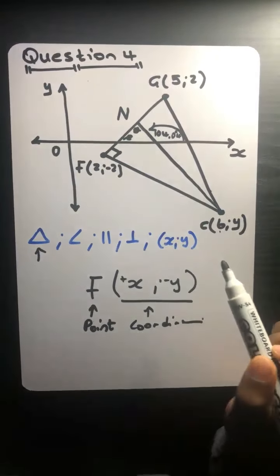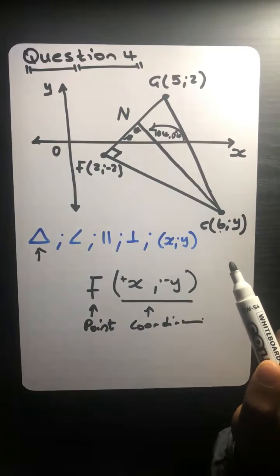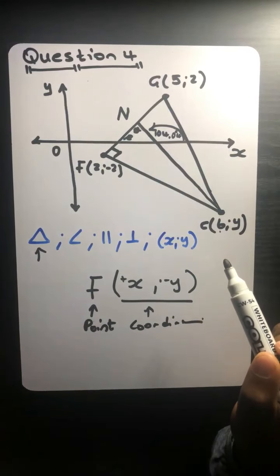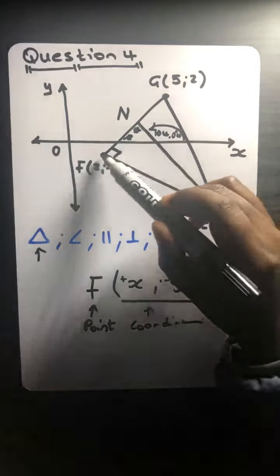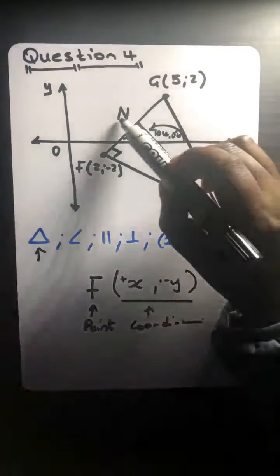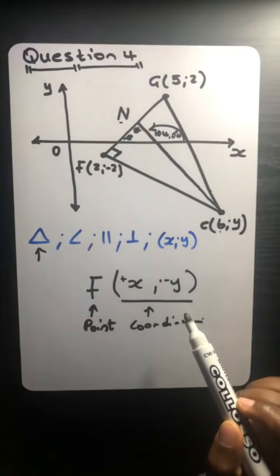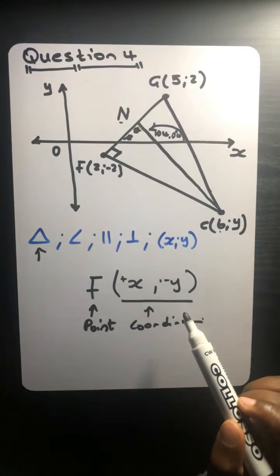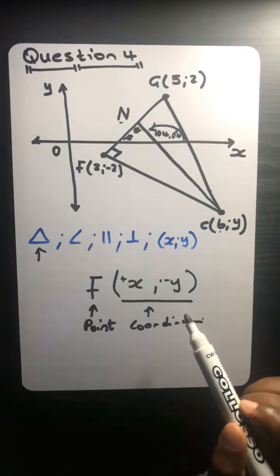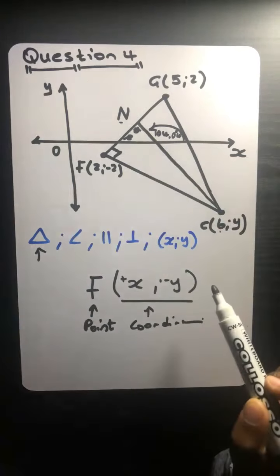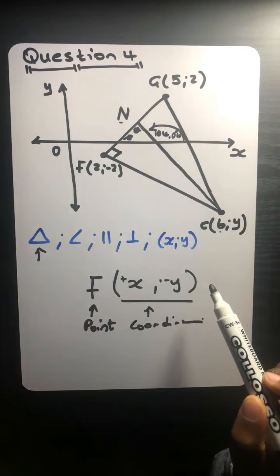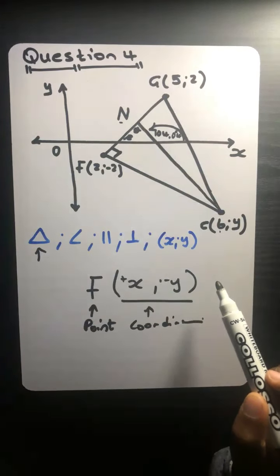So let's now continue. I'm just reading through the given statement. In this case, I'm trying to explain to you guys that N is a point on FG. So there we've got 2 points, which is FG, and there we've got a point named N. So they say N is a point on FG such that the inclination of NC, there is NC, is 104.04 degrees.